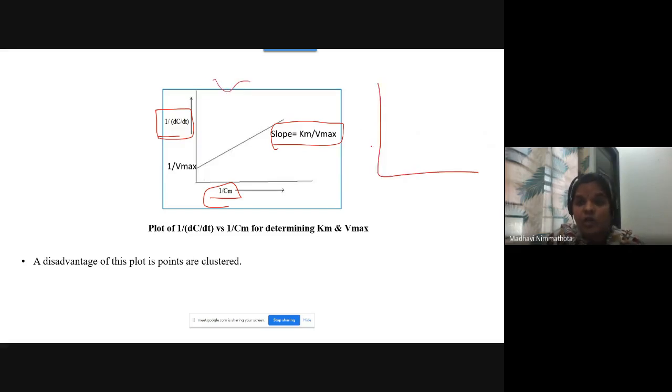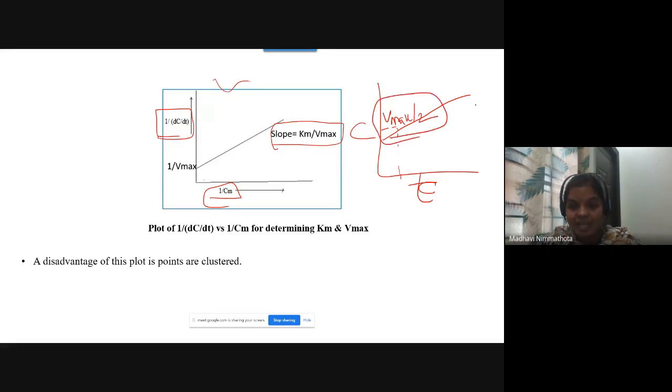I already told you, when you take the concentration versus time, you will get a graph like this. From this point, we had some Vmax by 2 value. Okay, this is the basic graph. So that's why this line is touching the y-axis. Here it is 1 by Vmax. So this is the y-intercept.